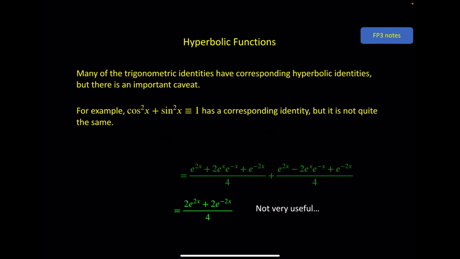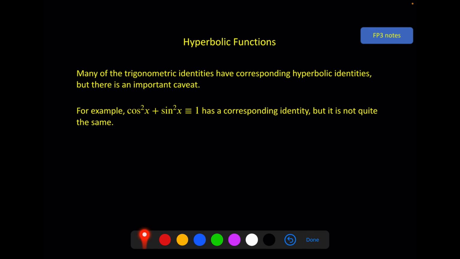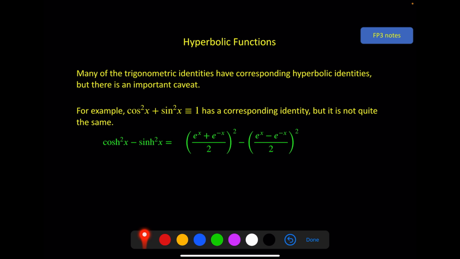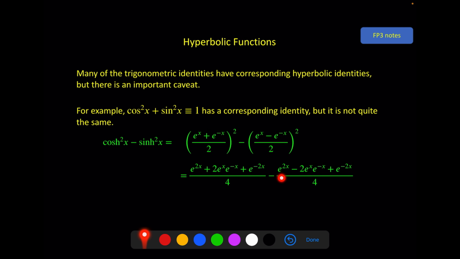But if we get rid of all of that and we change our identity ever so slightly, and we try cosh squared x minus, not plus, minus sinh squared x, and give this a go, we find when we get to this point that our first terms cancel, our third terms cancel, and the middle term doubles up.